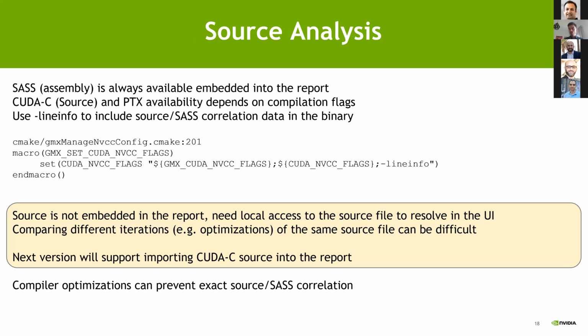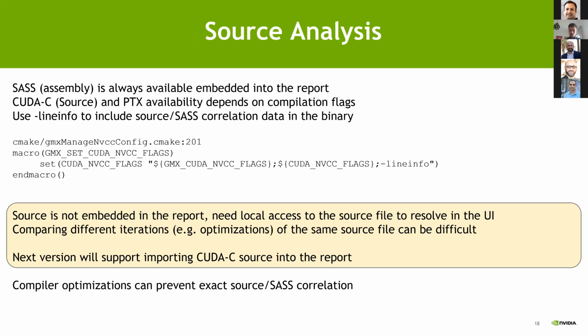Okay, I already spoke about source analysis. So the SASS, which is the assembly, like your cubin, is always available in the report because we embed it. And the CUDA-C, like the high-level source, and PTX availability depends on the compilation flags.